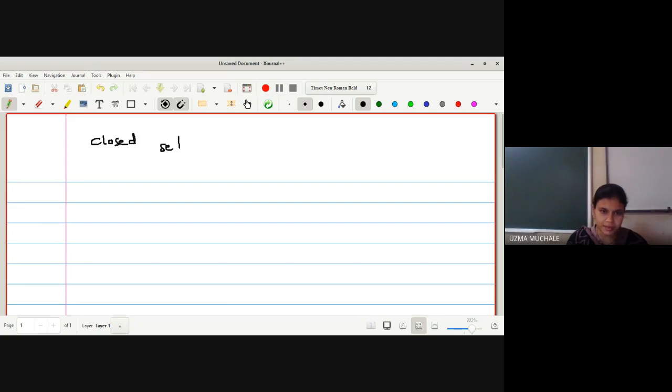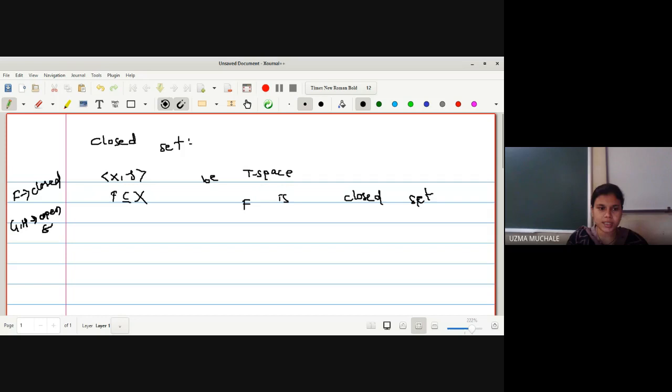The next definition is a closed set. Let X, tau be a topological space. Let capital F be any subset of X. Then we say that F is a closed set. In the whole of topology, we are going to denote a closed set by F, and G, H are notations for open sets.